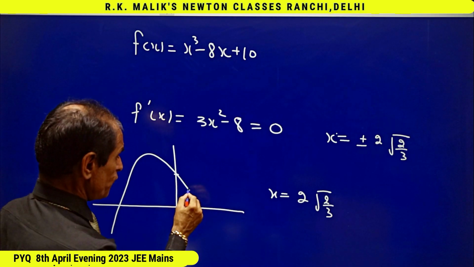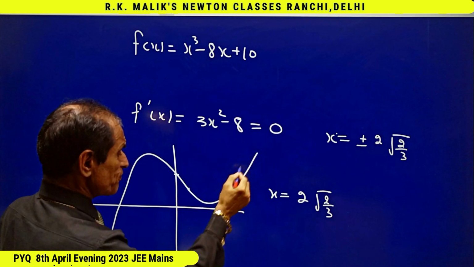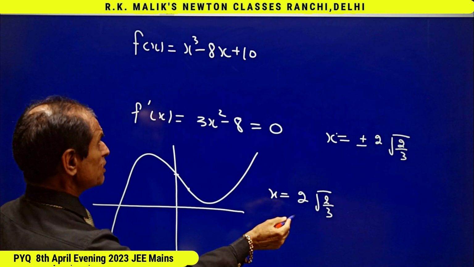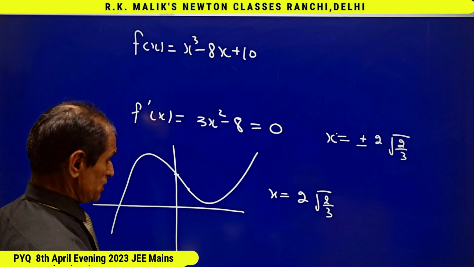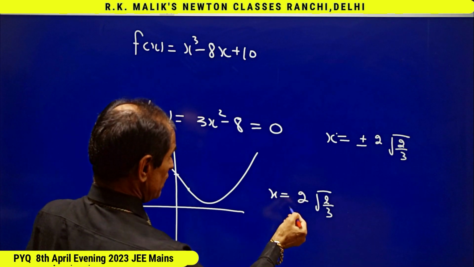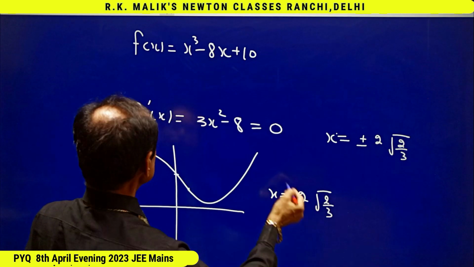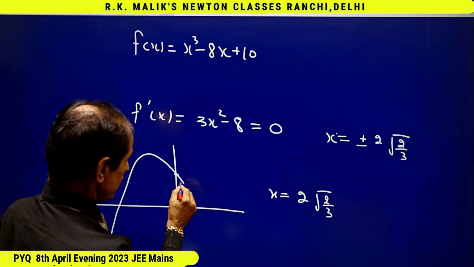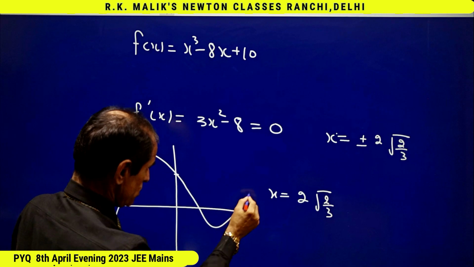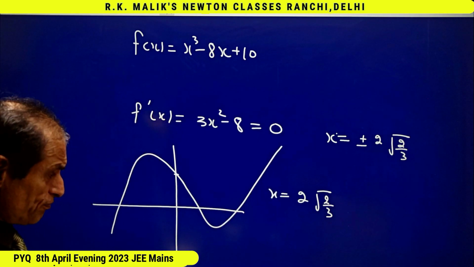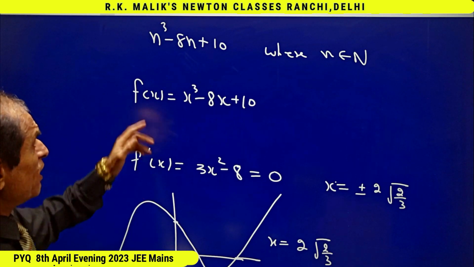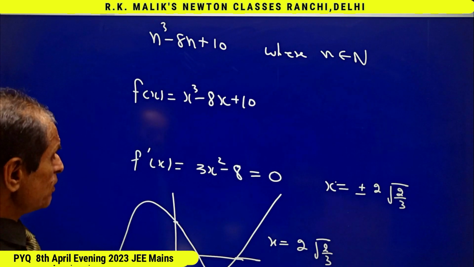That is, the graph will be of this type if at x equal to 2 root 2 by 3, value of f(x) is positive. And if at this value of x, f(x) is found to be negative, in that case the graph will be somewhat of this type.